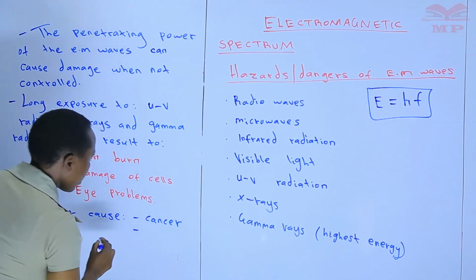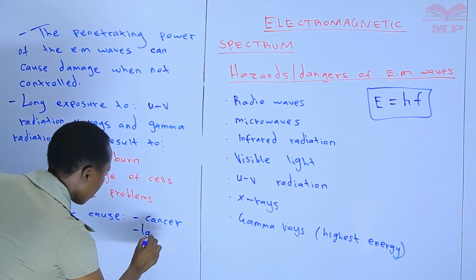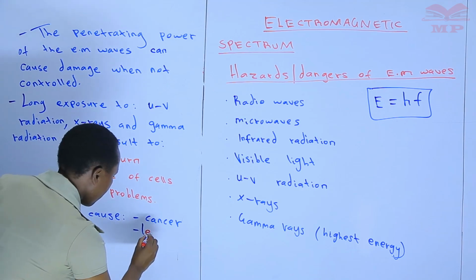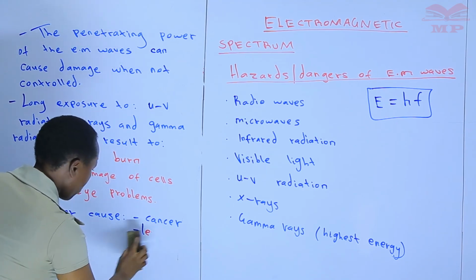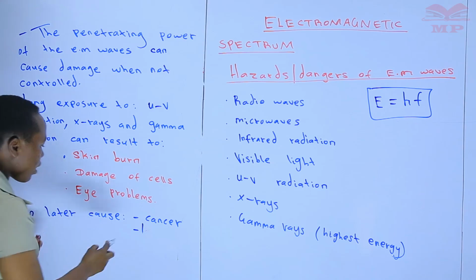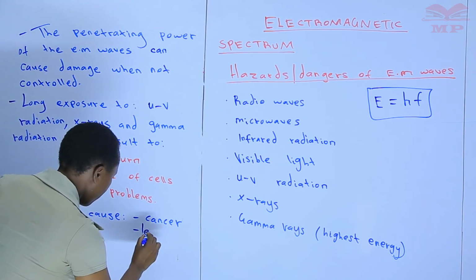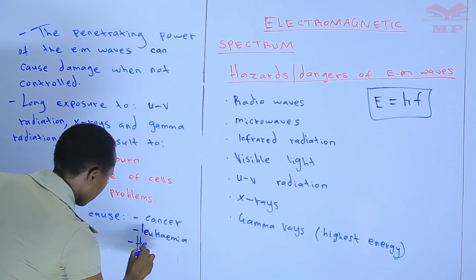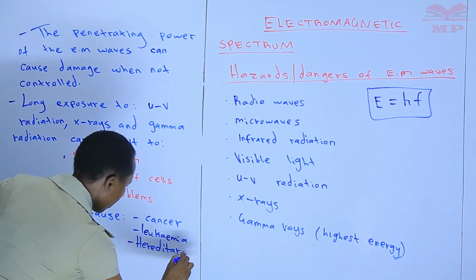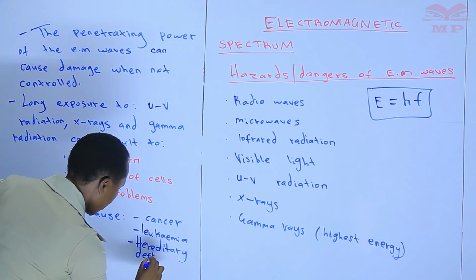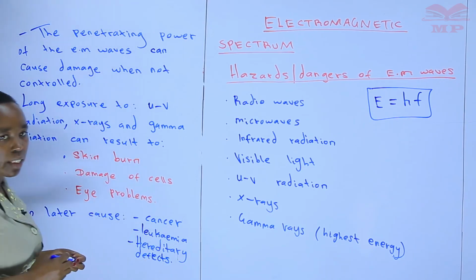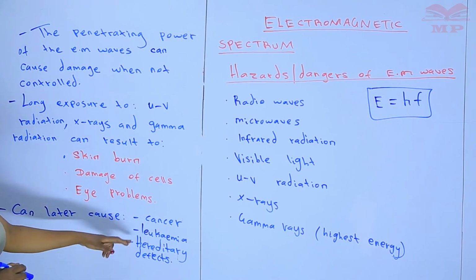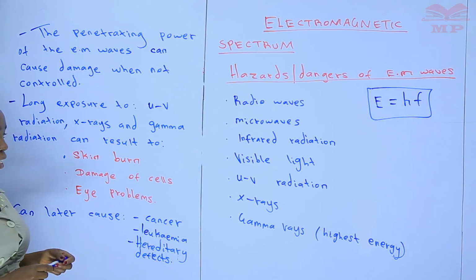It can lead to leukemia, which is the cancer of the blood, and it can also lead to hereditary defects in children. So that is when it is not controlled. They can lead to cancer, leukemia, or hereditary defects in children.